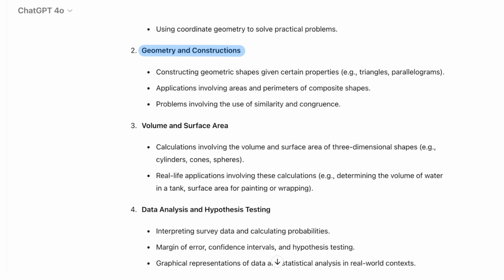In question 9, the focus will be on volume and surface area. We will perform calculations to find the volume and surface area of 3-dimensional shapes, and also consider real-life applications involving these calculations.